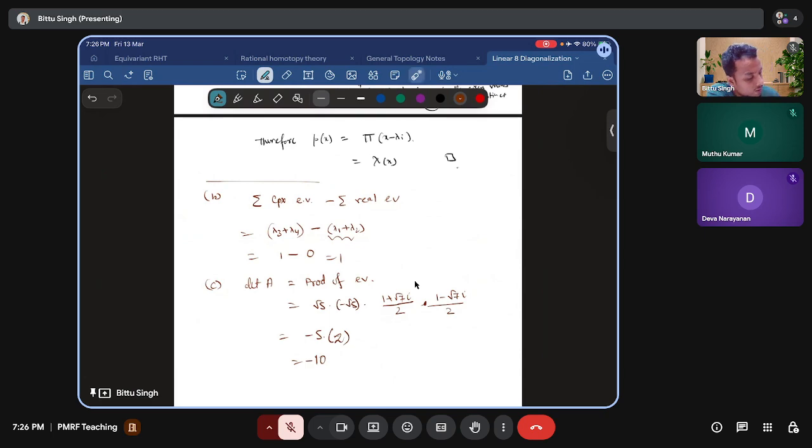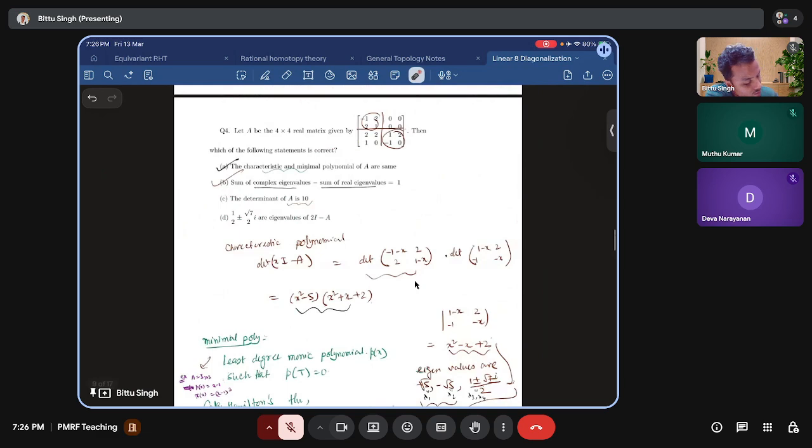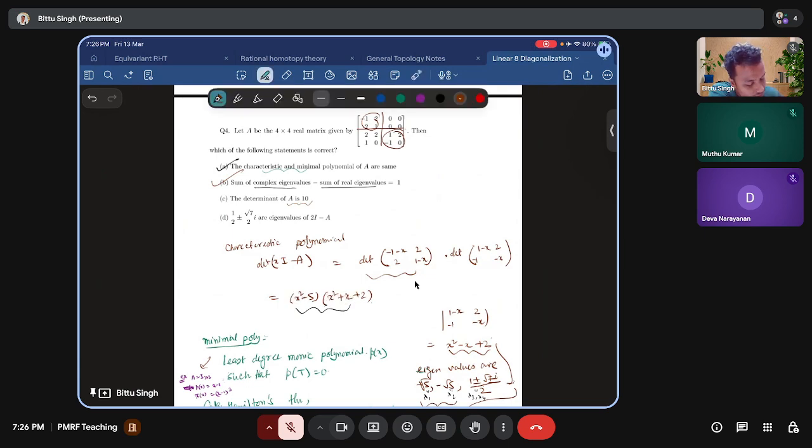Either you directly calculate the product, or you make this observation, putting x equal to 0, that will give me the determinant. So just put 0, 0 here. So that is minus 5 into 2. Ultimately, we are doing the same thing.